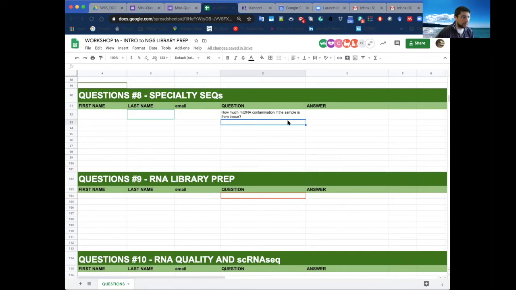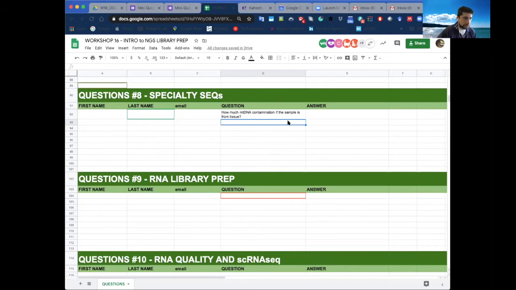Okay, so I have to add it to my slides. Both mitochondrial DNA contamination and dead cells are a huge issue. If you have a lot of dead cells, you have to try to get rid of those. I don't know, FACS sorting, or maybe some magnetic beads that can get rid of them.